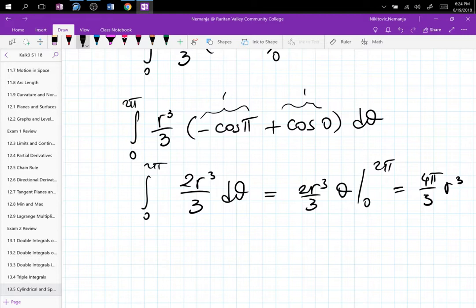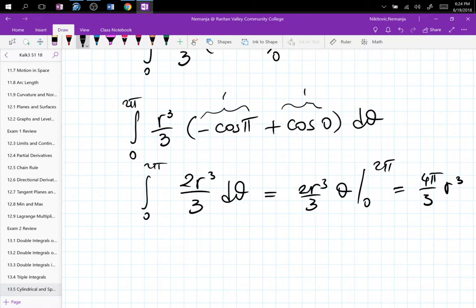You can't compute that with the regular x, y, z integrals. Not just because it's round, you could probably deal with that and suffer through all of the trig. The issue is this cap over here. How do you deal with that? You would have to set up multiple integrals for that as well.